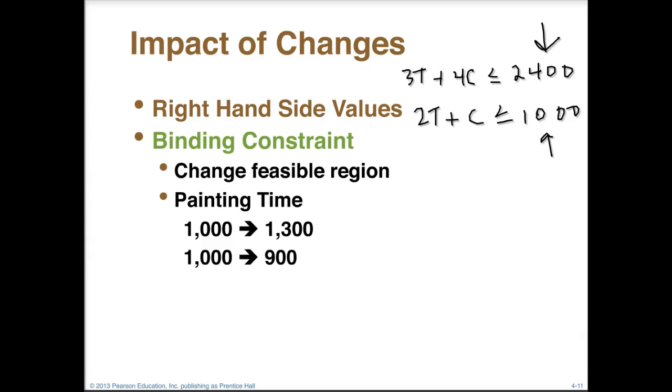We're going to change these numbers on the right side and see how that affects things. In short, it changes our feasibility region. It's either going to expand or contract it, in other words, make it bigger or smaller. And since the constraint is a binding constraint, the shape of our feasibility region will change.